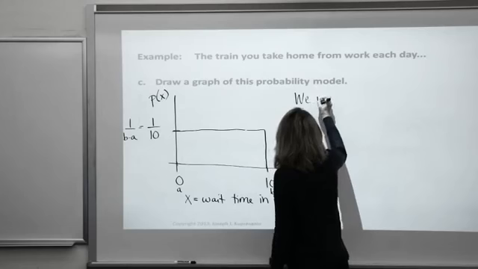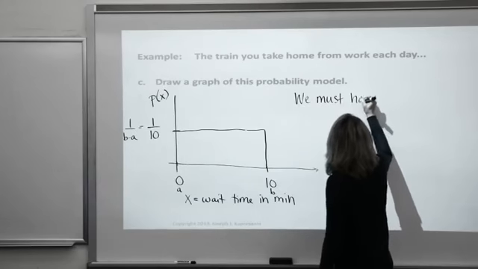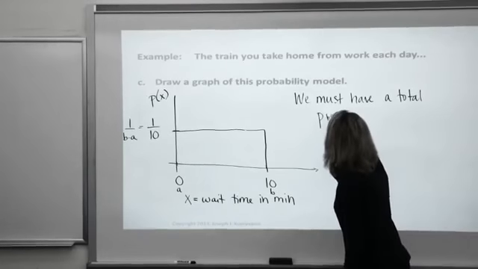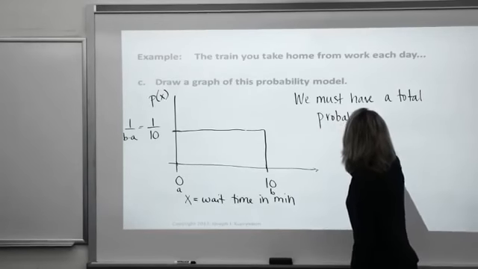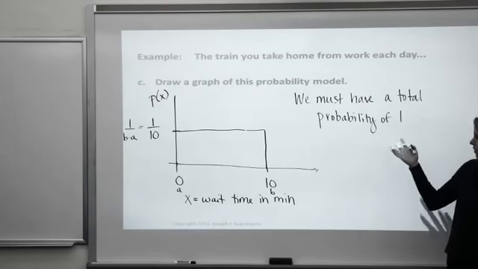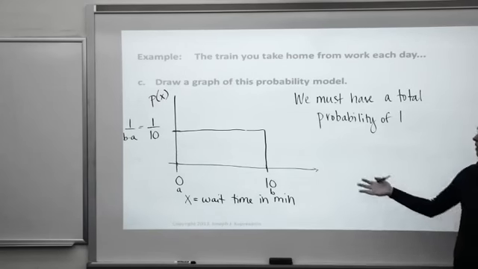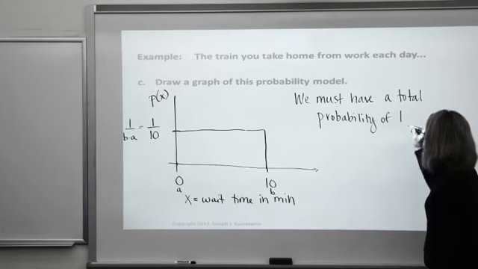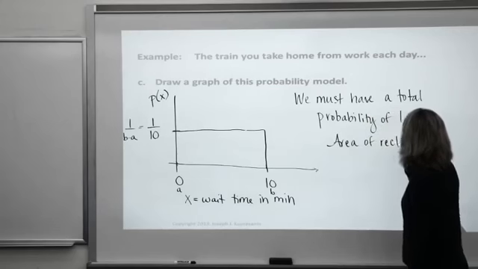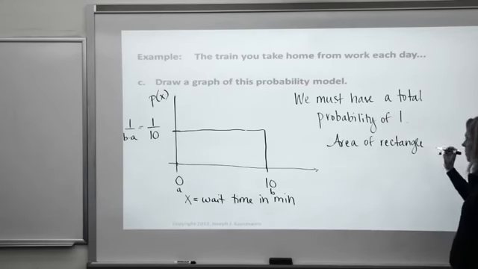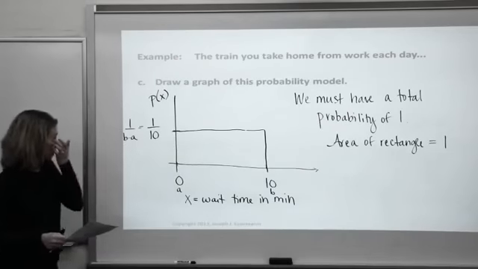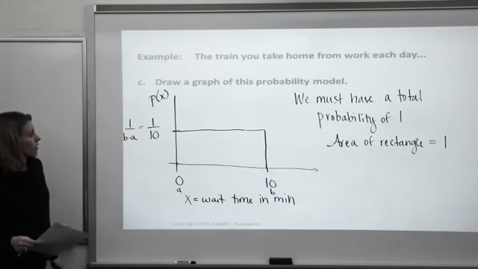So just to write down a few things I just said, we have to have a total probability of 1, and so the area of that rectangle has to be 1. That area represents the total probability. And so that's how we got the height of 1/10.